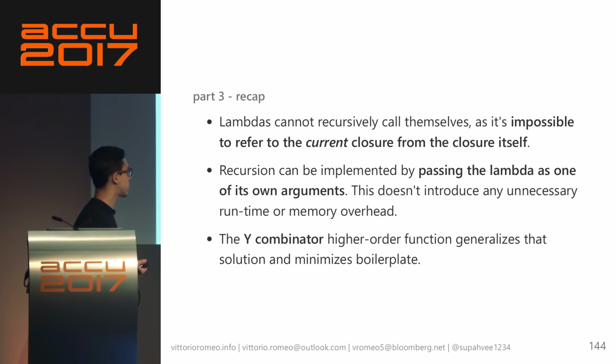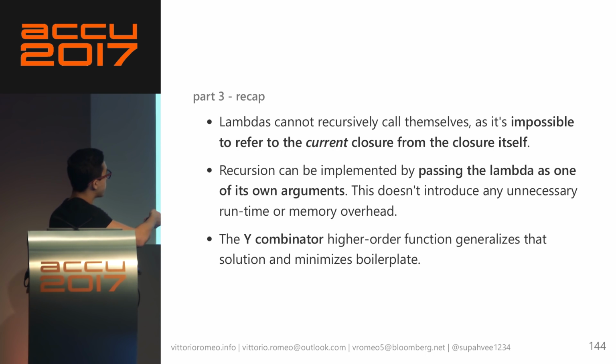Therefore, what we want to do is create lambda-based recursive visitation. To do that, we need to remember that lambdas cannot recursively call themselves because it's impossible to refer to the current closure from the closure itself. And I think that this is something we need to address in the language. I would like to see a way of providing an identifier that allows us to refer to the current closure instance from the body itself.